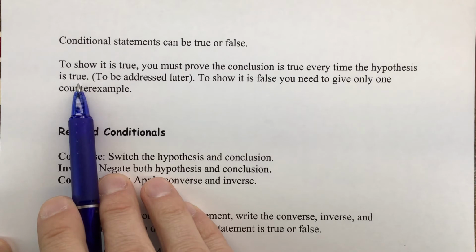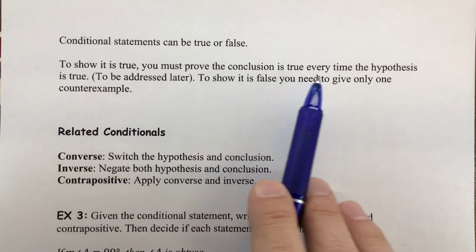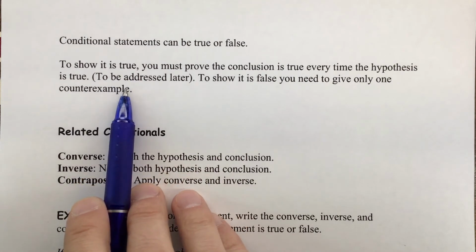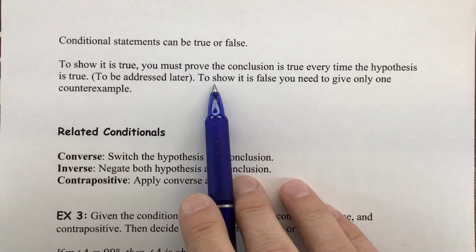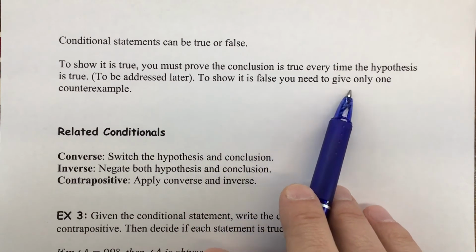That's a huge task, and we're going to address it later when we formally talk about how to write proofs. So that's not going to happen in this video. We're not going to discuss how to prove that something is true. We'll handle it later on. However, we can talk about this. To show that it is false, you can give a counterexample.